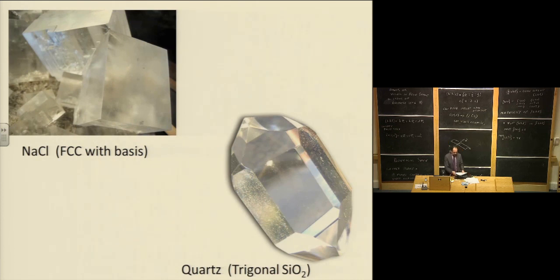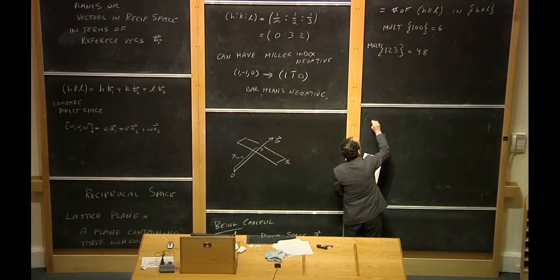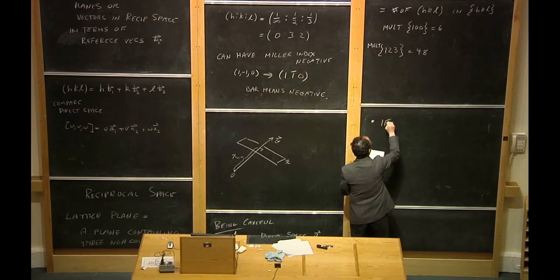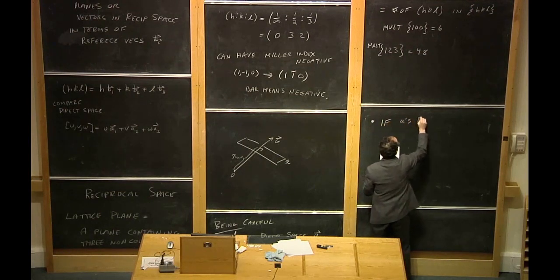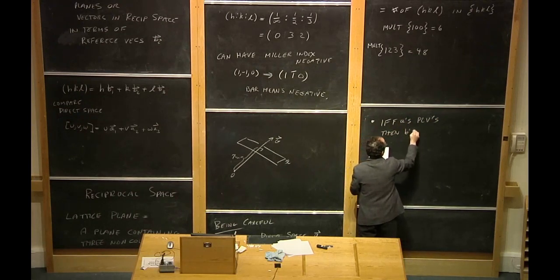Okay, so I'm going to emphasize this one fact one more time because it shows up on exams so frequently. This is an important fact: if and only if the A's are PLVs, then the B's are PLVs, reciprocal PLVs. I think I've written this down three times today.